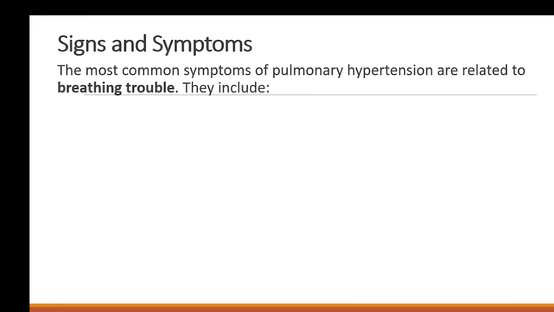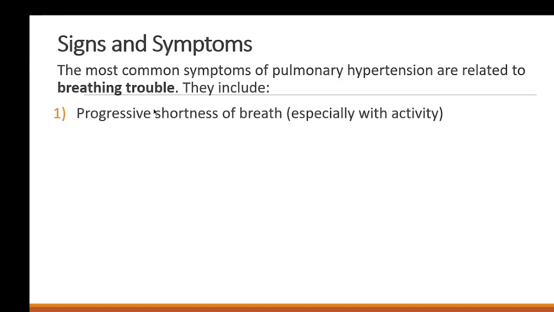We are now going to talk about signs and symptoms. The most common symptoms of pulmonary hypertension are related to breathing. For example, we have progressive shortness of breath, especially with activity.